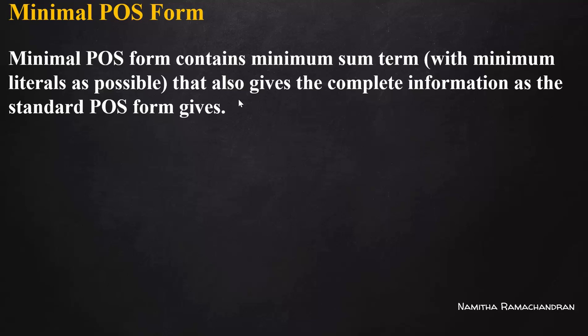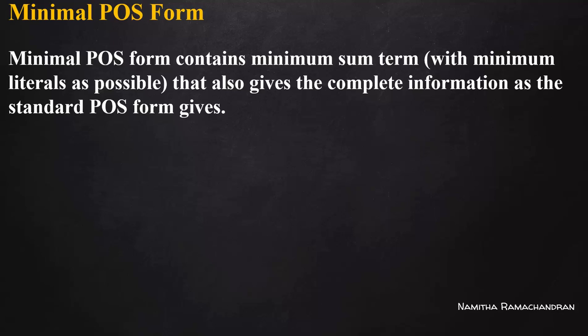And also we can reduce certain literals or variables present in the sum terms, and generate a smaller representation for the given canonical form. But the meaning of the reduced form exactly matches the meaning of our given standard form. Such a representation is called minimal POS form.